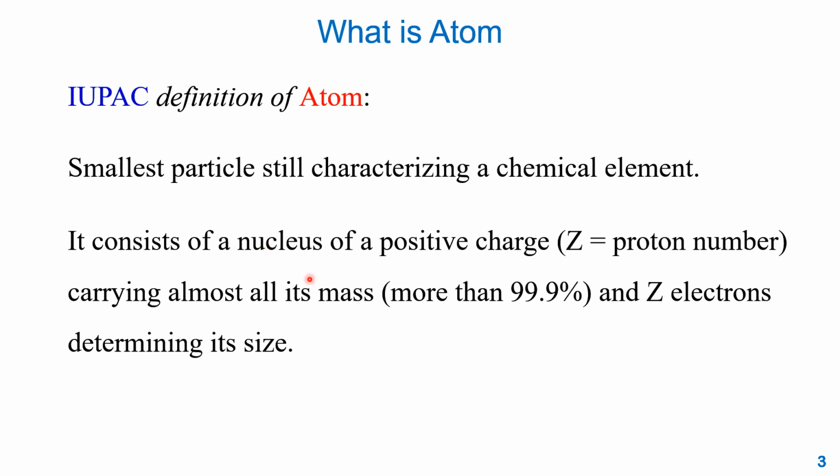If the size of the atom is like the size of a classroom, then the size of the nucleus will be the size of a speck of dust. Almost nothing. But the mass is all in the nucleus, basically. Electrons have very, very little mass.